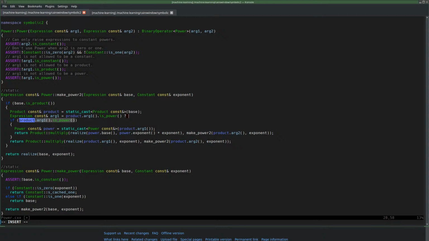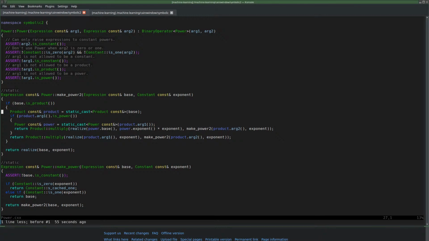Yeah, maybe not. These two lines just look too much like each other.